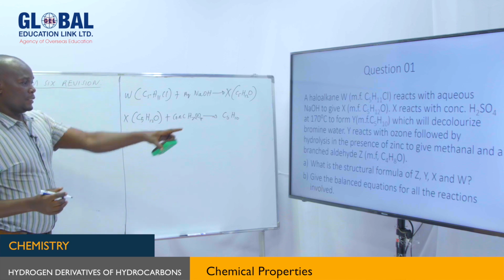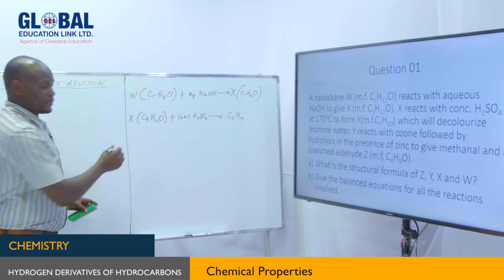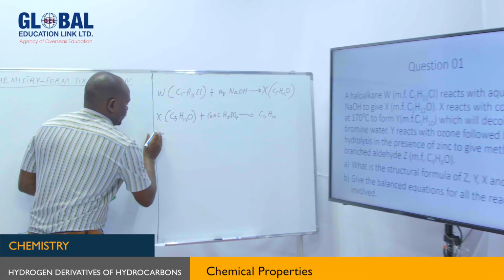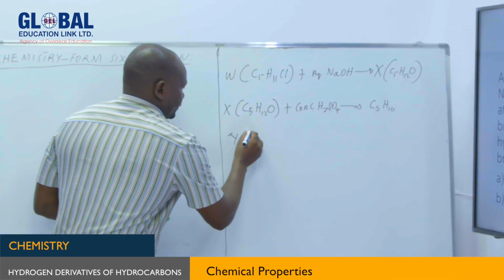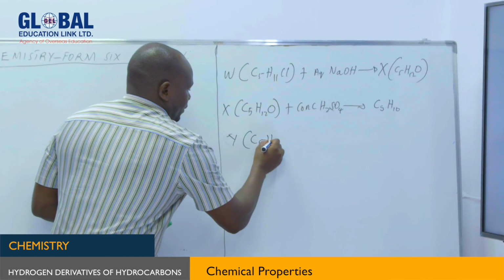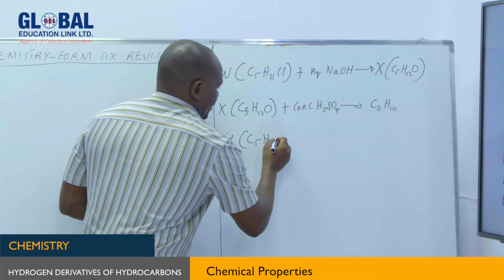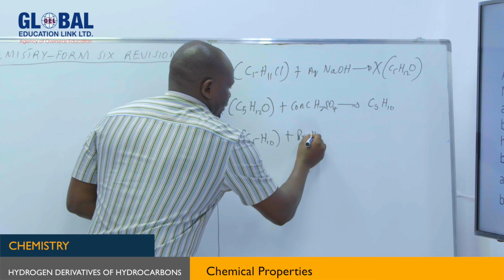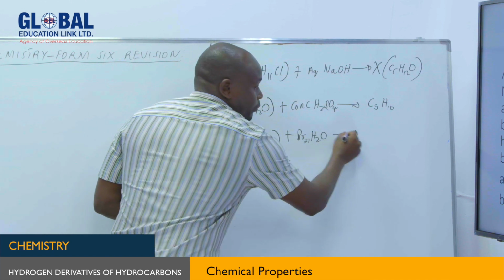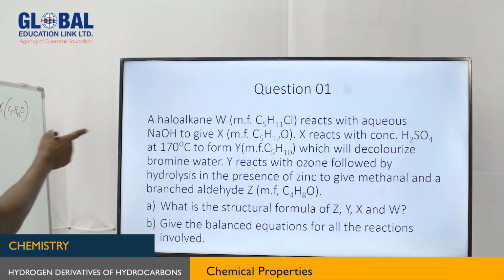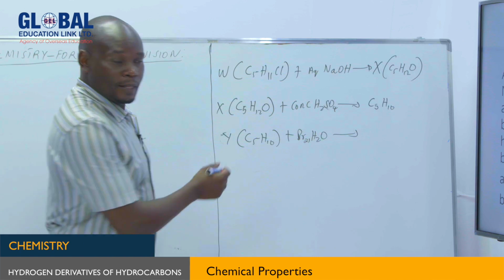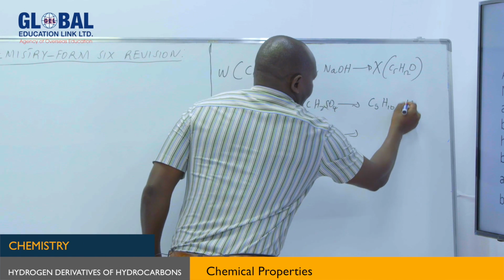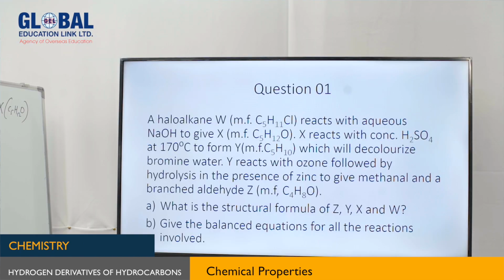From there now, this Y decolorizes bromine water, which means that C5H10, which is Y, decolorizes bromine water to form the bromoalkane, and therefore from there this is Y. But ozonolysis of Y gives those products.